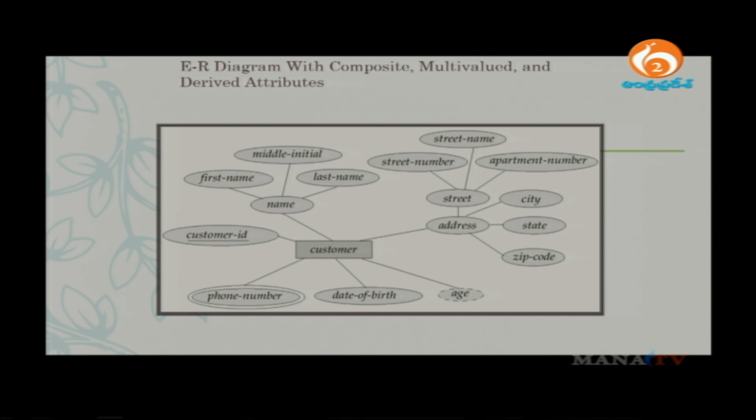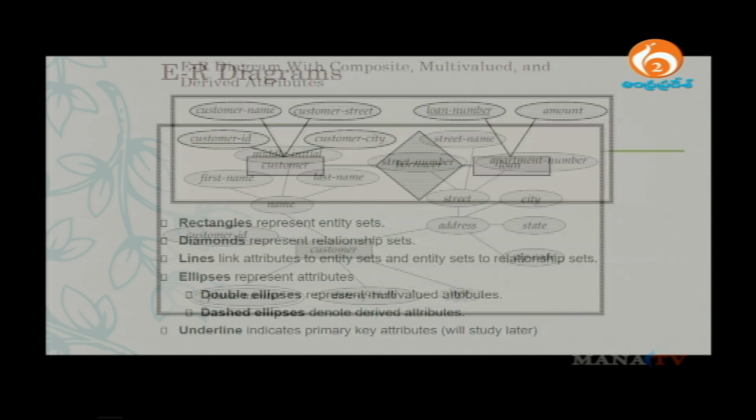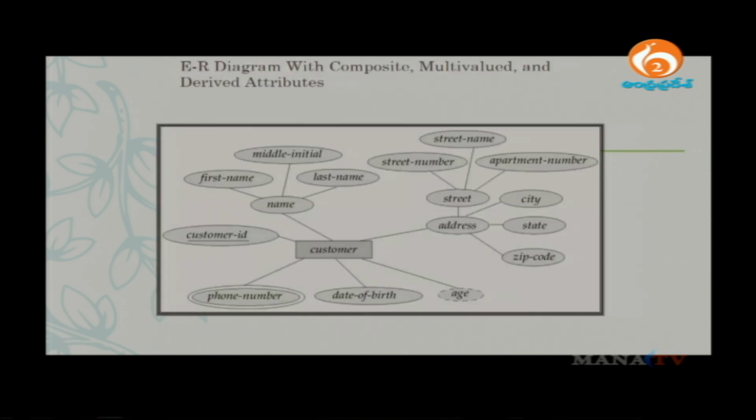Now you can see an attribute represented with a dashed, not dotted, ellipse. We denote it as a derived attribute. Age is something we can call a derived data type.